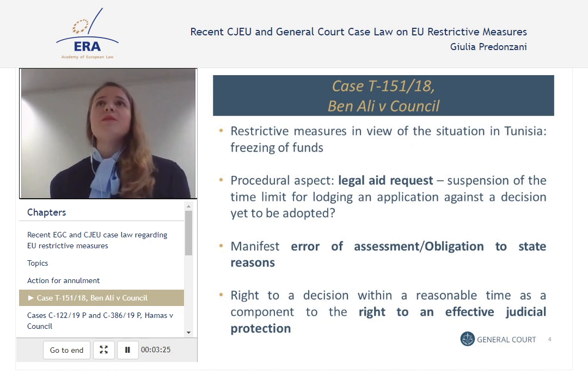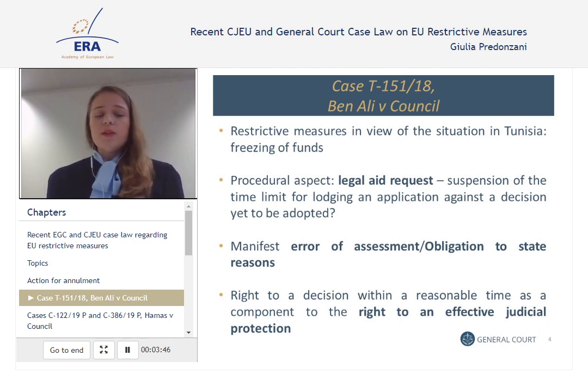But of course, when it comes to applications, we know that the rules of procedure provide for a specific provision, which is Article 86, which allows applicants to amend their original request and to lodge a statement of modifications.